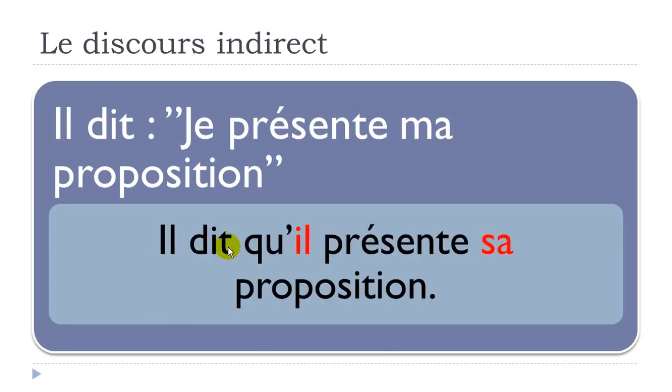So, il dit qu'il, okay, so exactly the same thing that we saw previously, présente, and then you will have to adapt, of course, this adjectif possessif, so it won't be the first one, ma, my, but it will be sa, so third person of the singular. Okay, remember that in French we will put this feminine form sa just because the word it is connected to, proposition, is feminine. Alright? Okay, so il dit qu'il présente sa proposition.